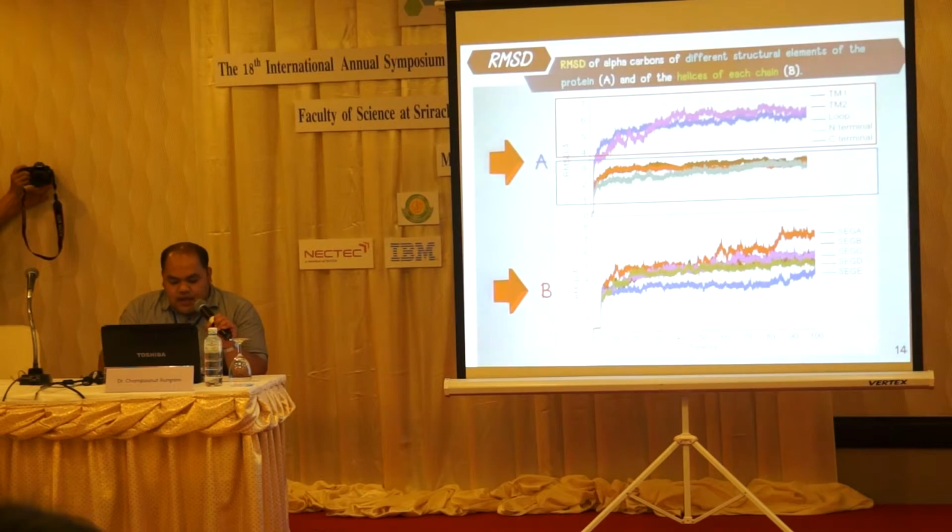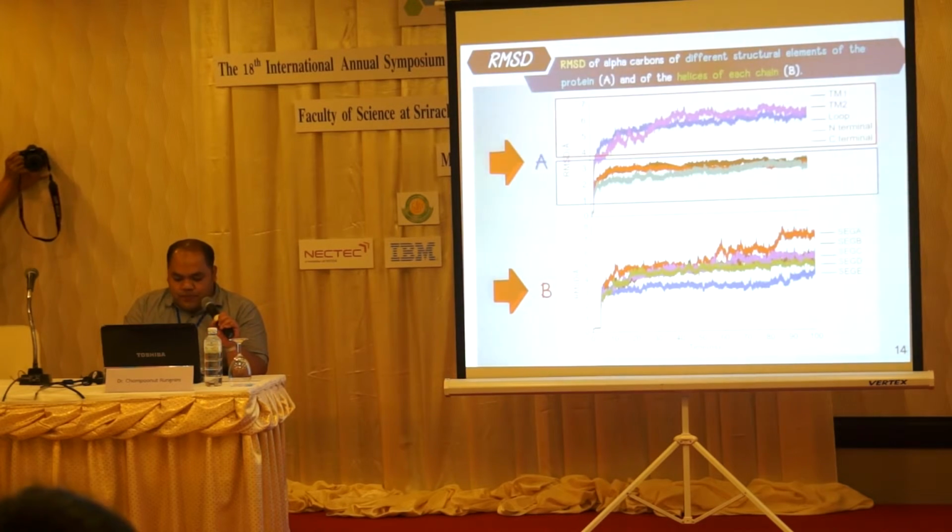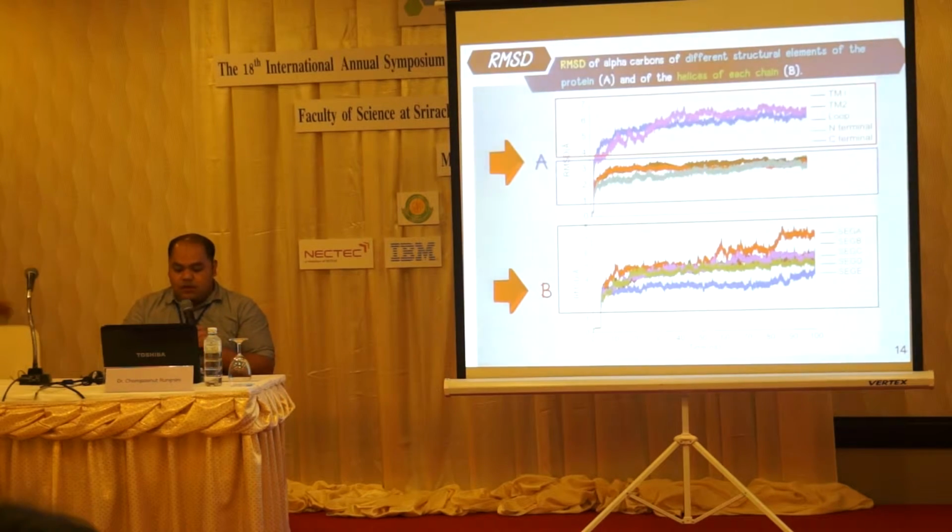This indicates that the TM1 and TM2 and N-terminal are less mobile than the cytoplasmic domain and the periplasmic loop. Thus, figure B shows the stability of the global structure of the individual chains can be illustrated by an RMSD range of 3 to 5 angstrom.